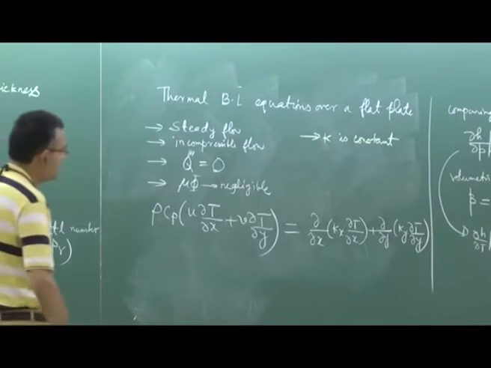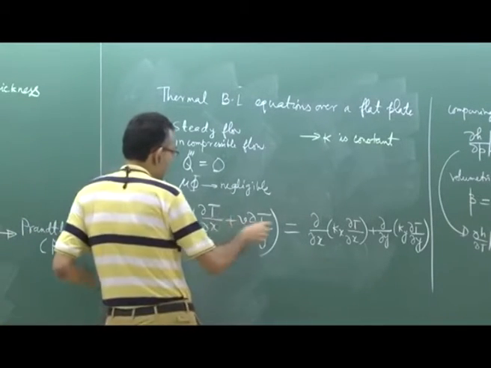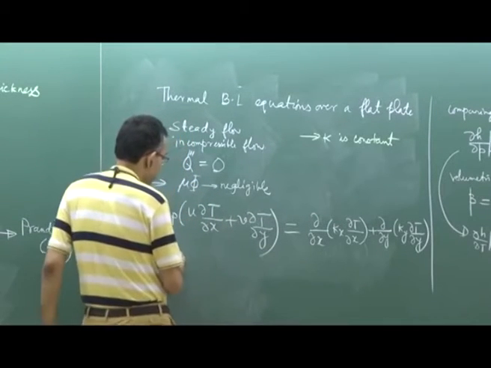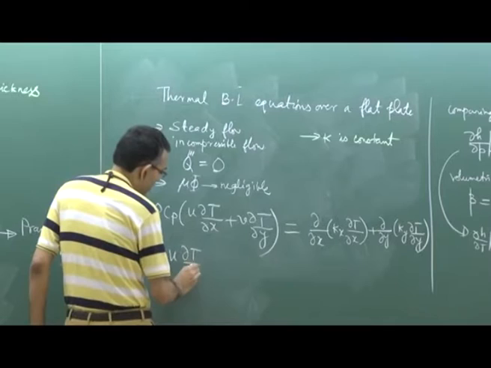So, if you do that and then divide this k by rho Cp you will get the alpha in the right hand side. So, your equation will become this.